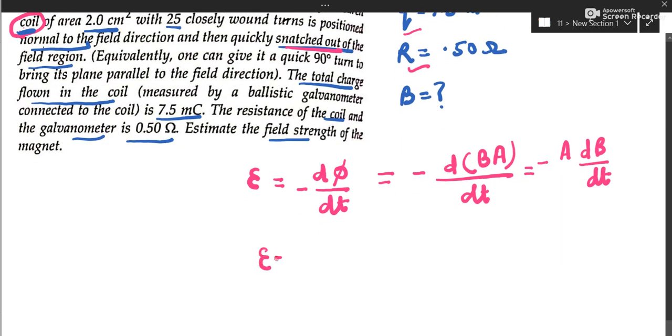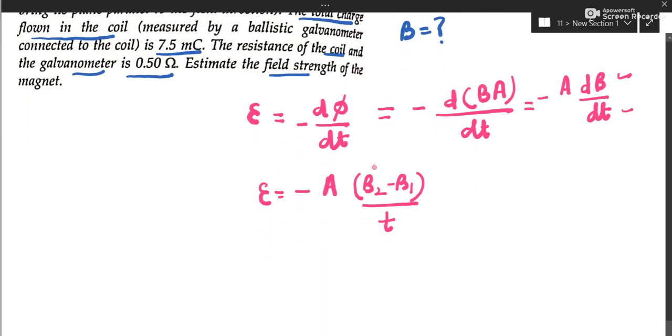So my EMF is ready as minus area, because they talked about finding the magnetic field, so area dB by dt. dB can be written as final magnetic field minus initial magnetic field, and this is time taken. Okay, now how much is the final magnetic field? 0, because you have snatched the coil out of the magnetic field, so there is no final magnetic field, it has gone out, so it is 0.